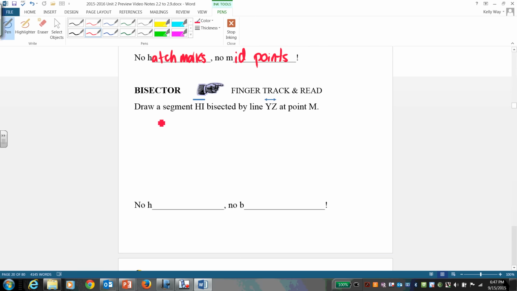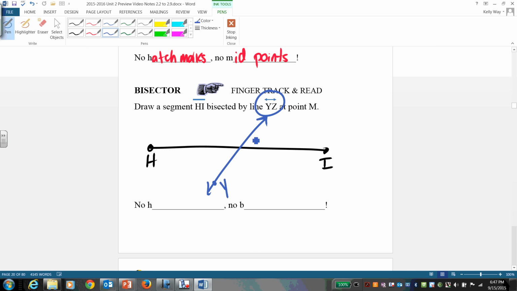Versus this, it says draw segment HI, which is bisected by a line YZ at point M. That still makes M the midpoint.